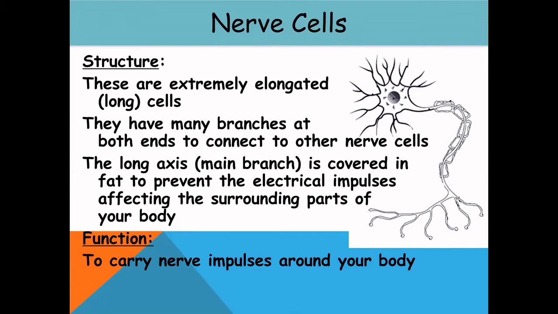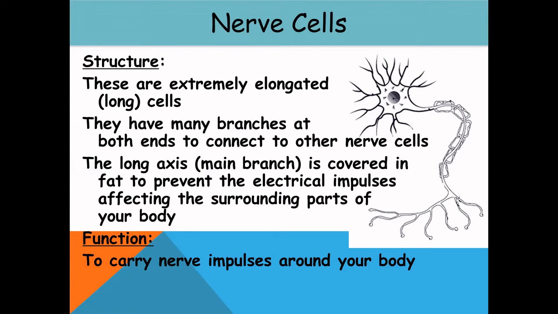They have many branches. So as you can see, many branches, and each of its ends connect to another nerve cells. And the long axis, which is the main branch, this is the axis, it's covered with fat. Why? To prevent the electrical impulses affecting the surrounding parts of your body.